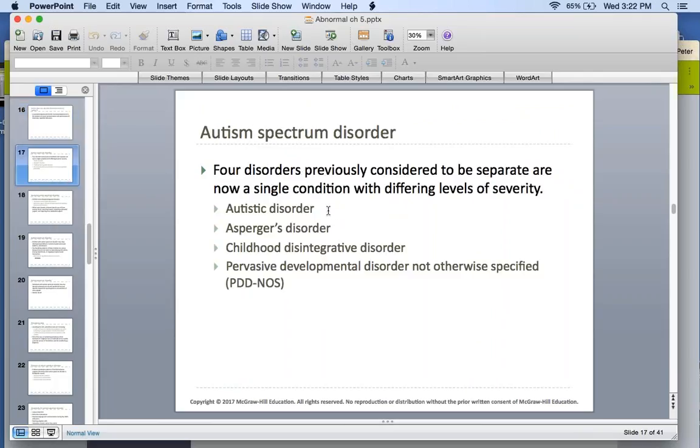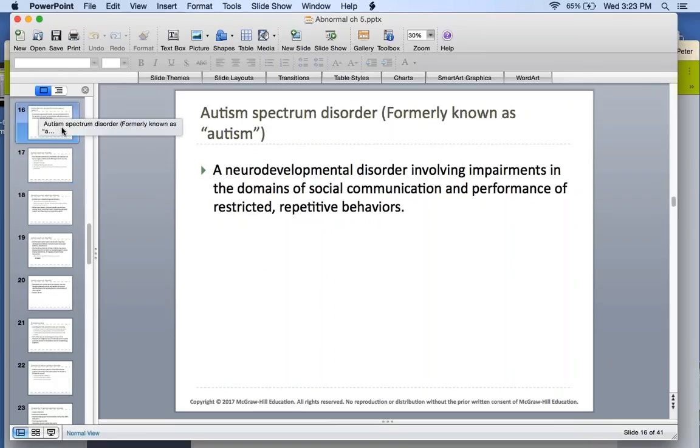So we used to, in the last DSM, have autistic disorder, Asperger's disorder, childhood disintegrative disorder, and pervasive developmental disorder, not otherwise specified. They've taken all four of these disorders and now put them together in just what we call autism spectrum disorder.